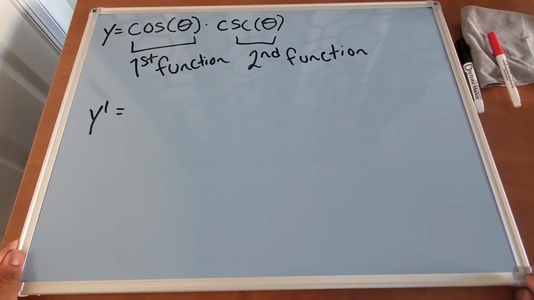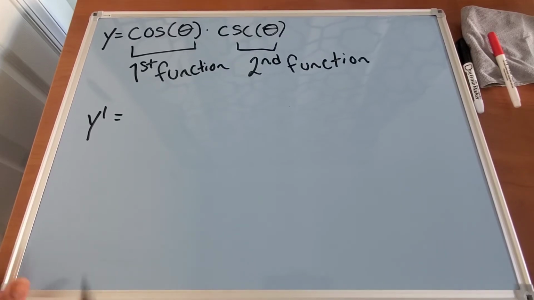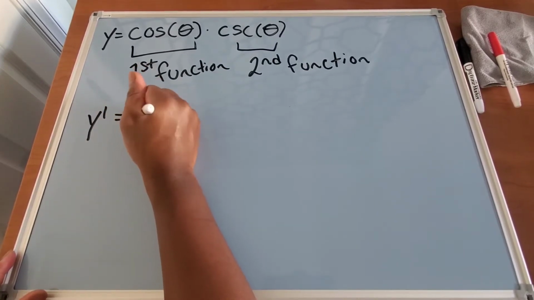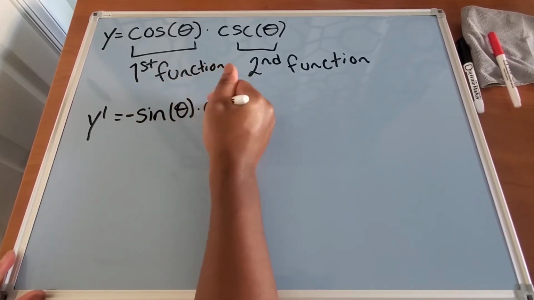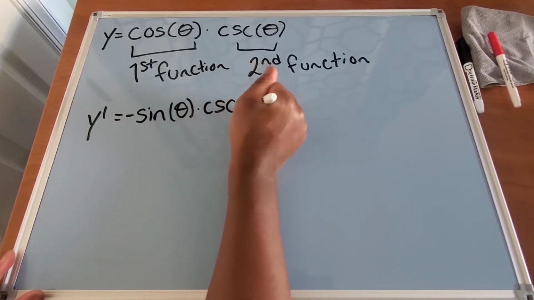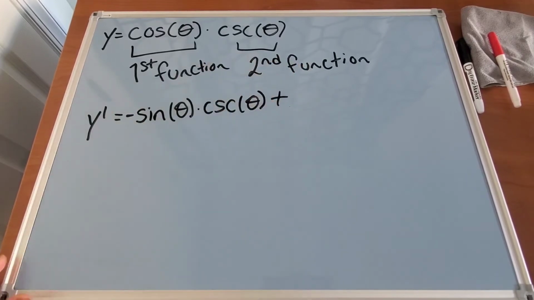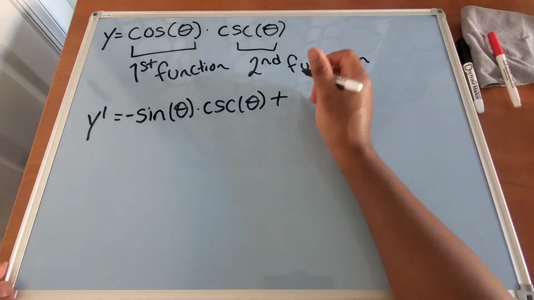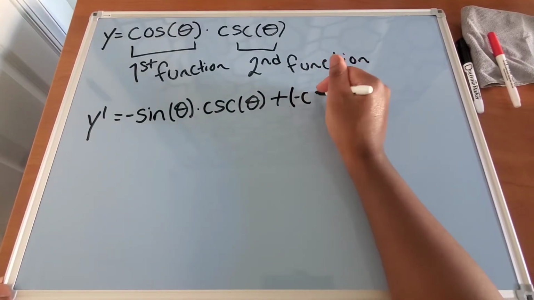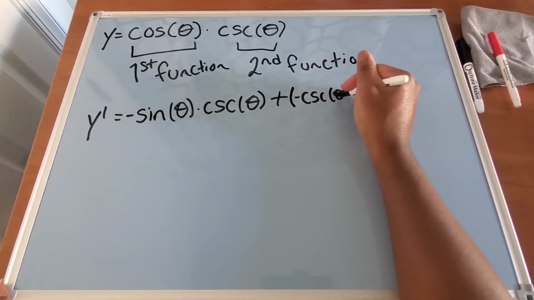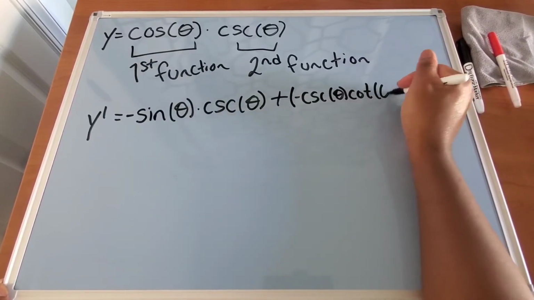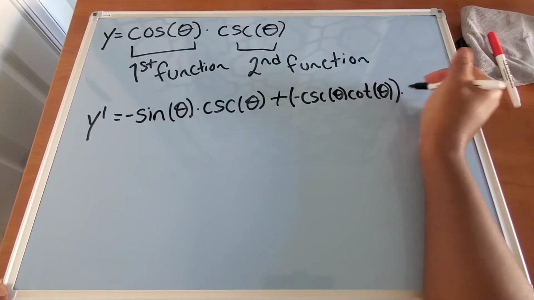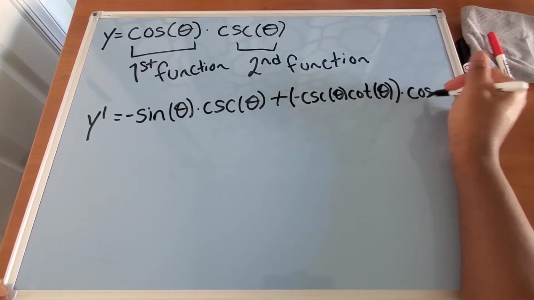So the derivative of cosine theta is negative sine theta times the second function, plus, we know that the derivative of cosecant theta is negative cosecant theta times cotangent theta times the first function, which is cosine theta.